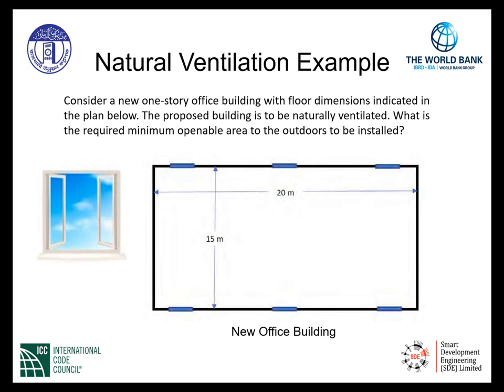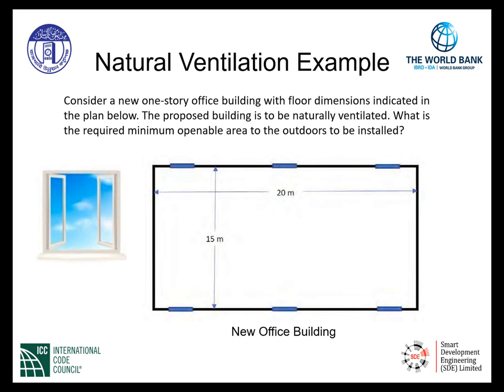Let's talk about an example of how to provide this natural ventilation. Consider a new one-story office building with floor dimensions indicated in the plan below. The proposed building is to be naturally ventilated. What is the required minimum openable area to the outdoors to be installed?